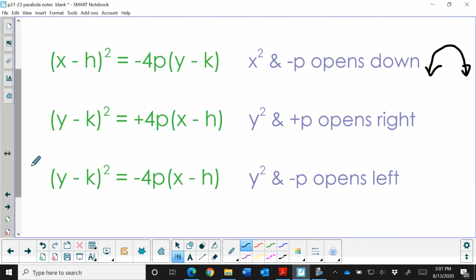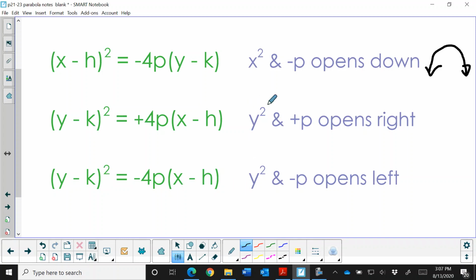The second set is y squareds. These are the 2 new ones. You've got (y minus k), and notice k stays with the y portion, squared, is equal to 4p times the quantity (x minus h). And then (y minus k) quantity squared equals negative 4p (x minus h).